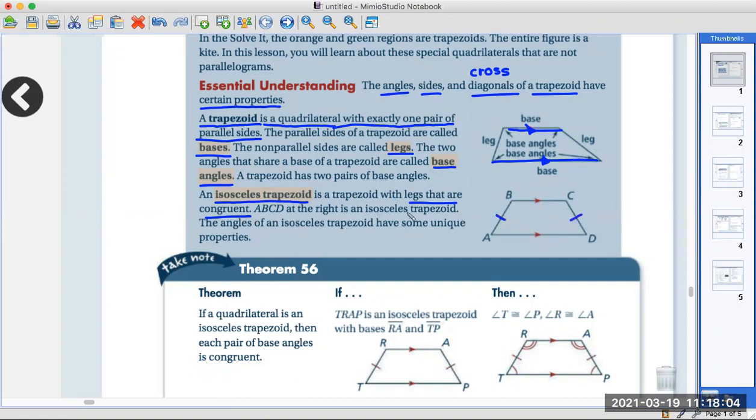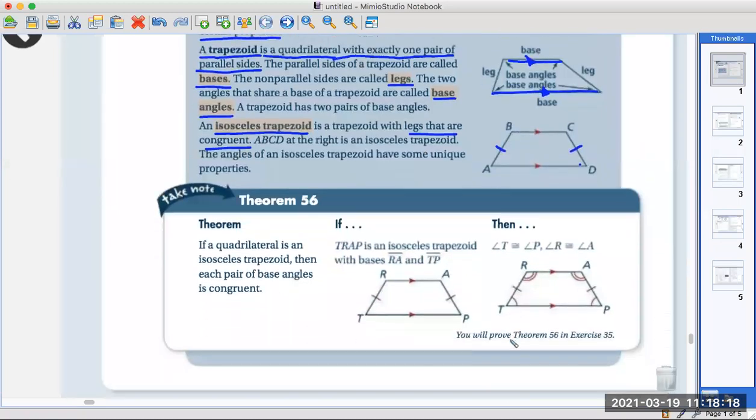ABCD at the right is an isosceles trapezoid. The angles of an isosceles trapezoid have some unique properties or rules. So the base angles and these two angles, they have some properties, and what they are explains right here. So if you have an isosceles trapezoid where these two are the bases, then the base angles are congruent.